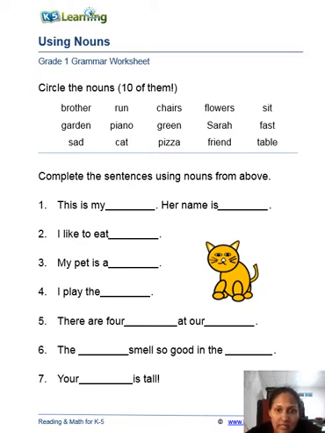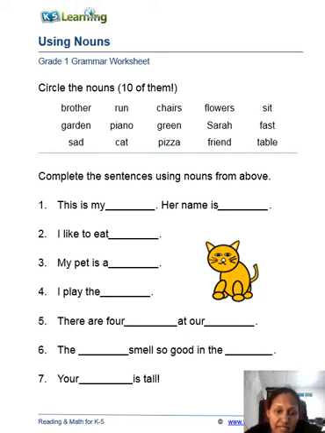No. Can you play the piano? Yes, piano. What else? We have number 5. There are 4, we can say chairs. There are 4 chairs at our table, right?